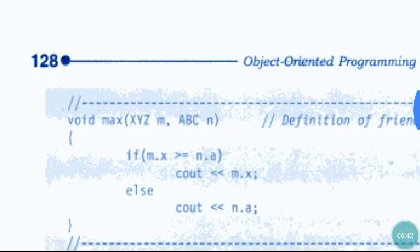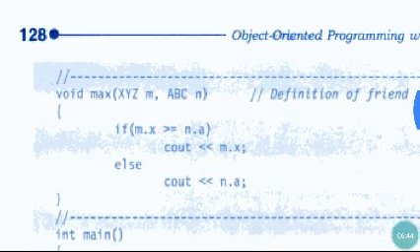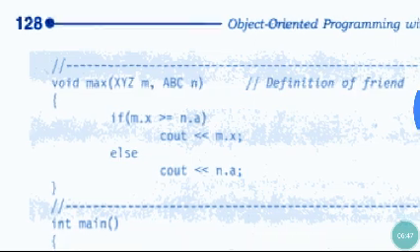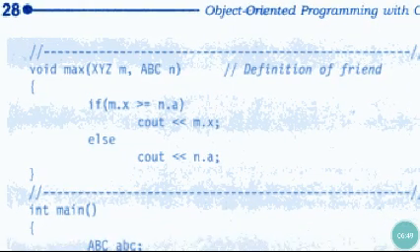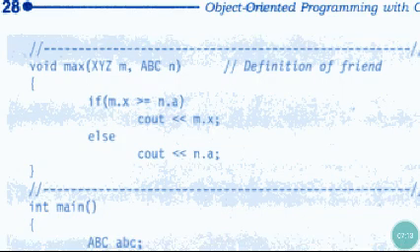How will it be defined? It is defined as void max, not using the scope resolution, because that function is not under the scope of a single class; it belongs to both the classes. The friend function is defined without the help of the class, although it is declared inside the class.